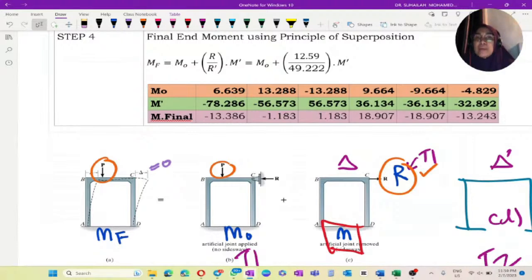We have to put prime for all labels that we use. So finally we get the correction factor, and we total all, and we get the final end moment as shown in the table.